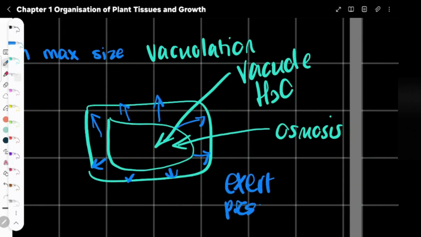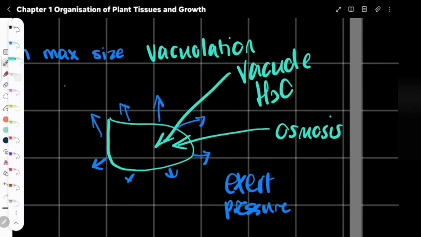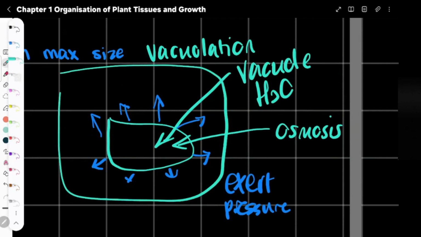Of course, the cell wall will be bigger. It also makes the cell wall turgid. So that's how cell elongation happens.